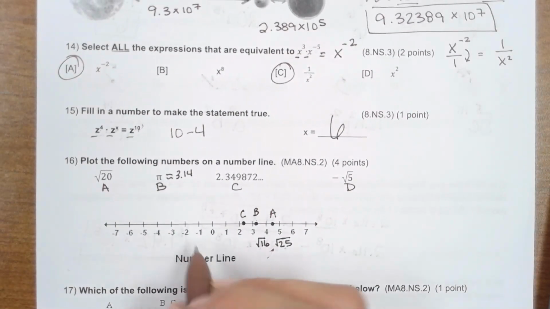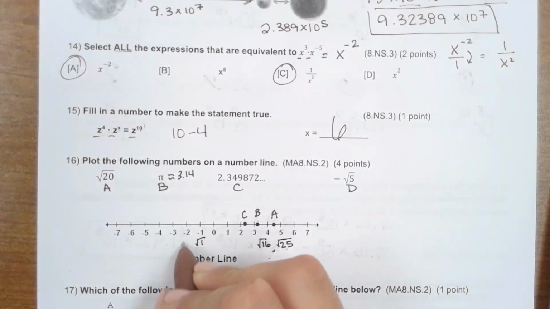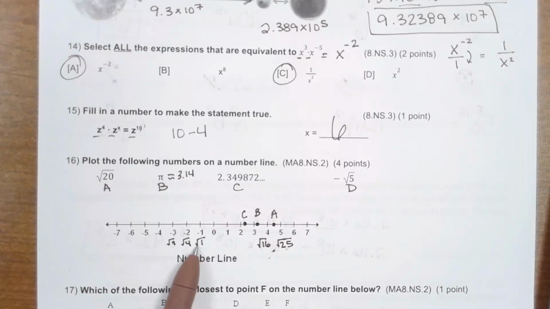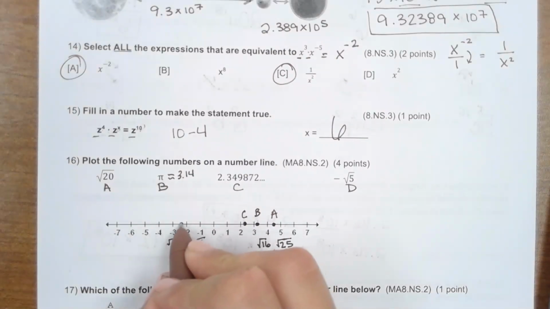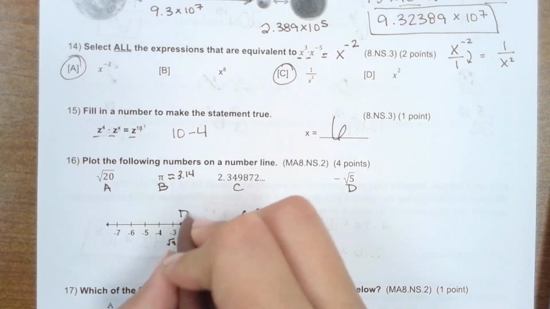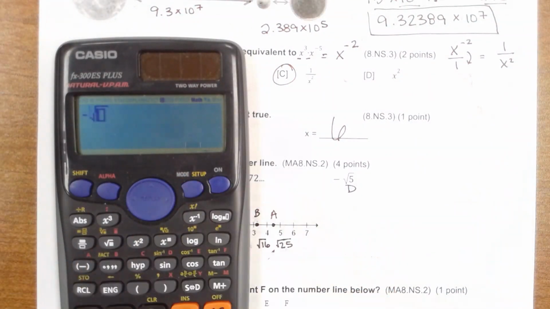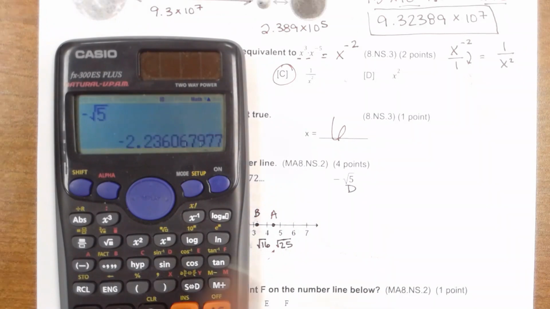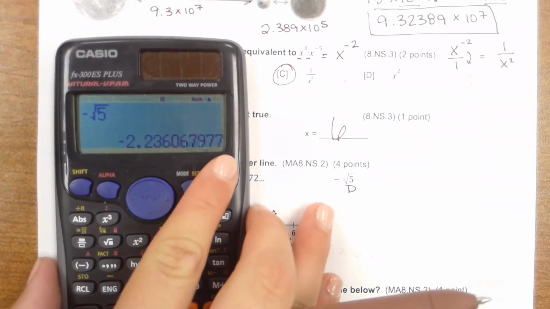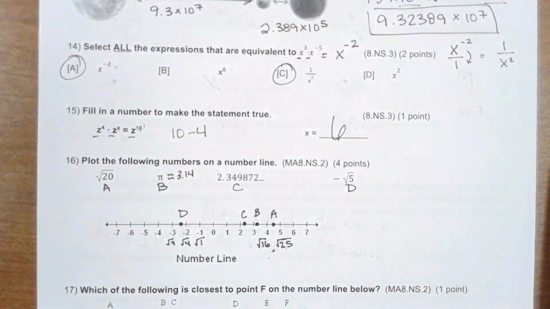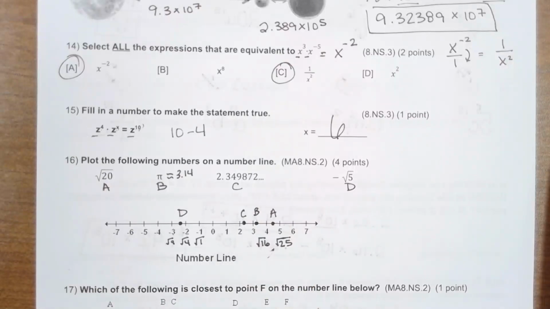So again, if you're approximating, you can think about how square root of 5 is going to fall in between the square root of 4 and the square root of 9, pretty close to the square root of 4, or if you were to plug it in your calculator, taking a negative square root of 5, you would get negative 2.2. All right, so this is how your number line should look.